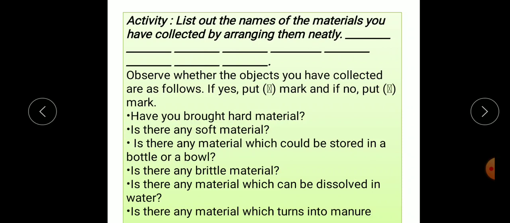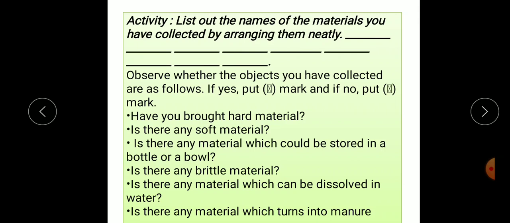Okay, so you write in this activity. Observe whether the objects you have collected are as follows. If yes, you put a right mark and if no, you put a wrong mark.